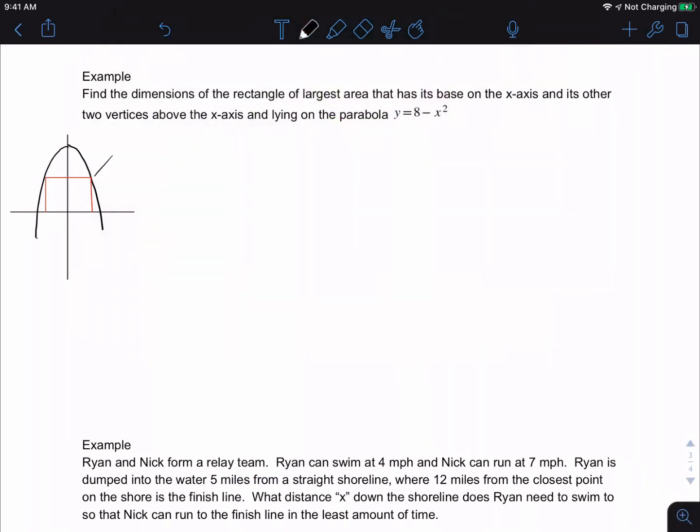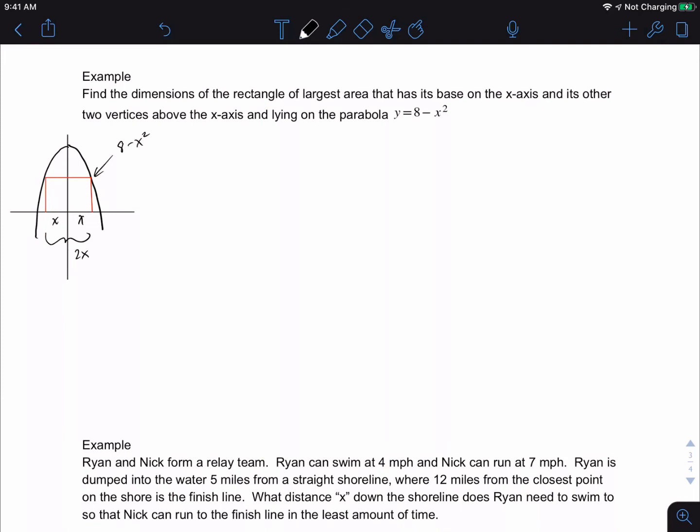This height right here is occurring at 8 minus x squared. We know that this is x and this is x. So we know that this whole thing is 2x. And we know our height is 8 minus x squared, correct?